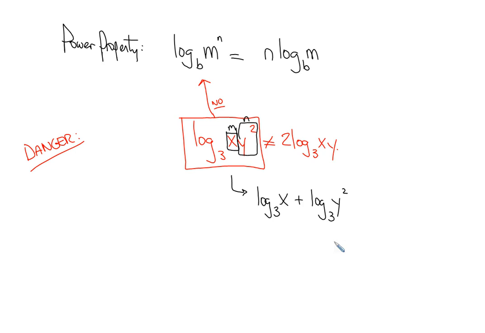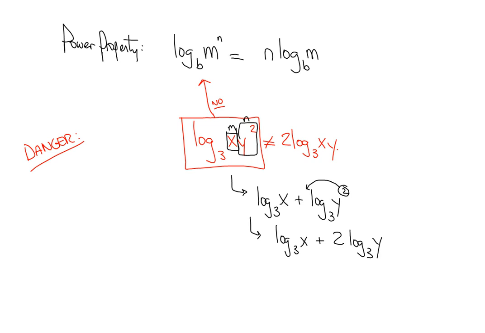Log base 3 of x plus log base 3 of y squared. That's acceptable, isn't it? And now could we use the power property here? Yes. Now this guy can move to the front, and so the correct answer would be log base 3 of x plus 2 log base 3 of y. Now the 2 only affects the y, just as it was in the original.